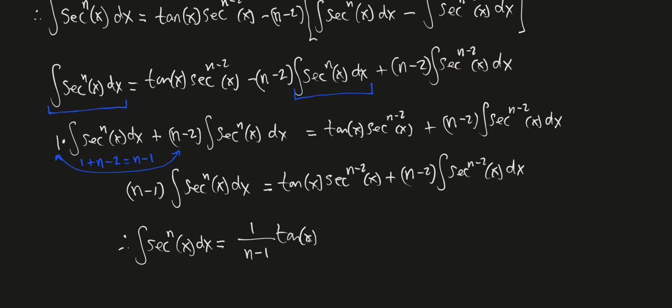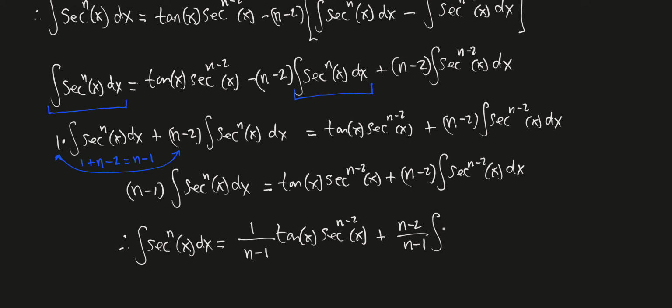So tangent x secant to the n minus 2, and then plus, and then I also have to divide this term, so I'm going to divide this constant n minus 2. This is one term, so if I put the whole thing over n minus 1, it's the same as putting the n minus 1 in front of the integral, like this.